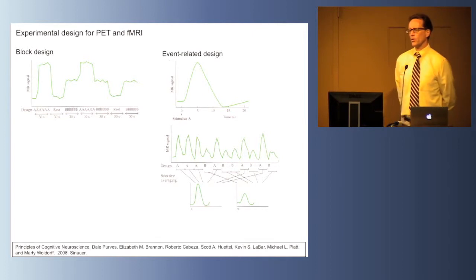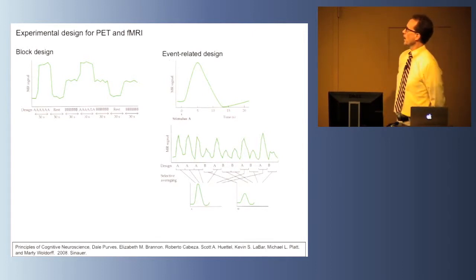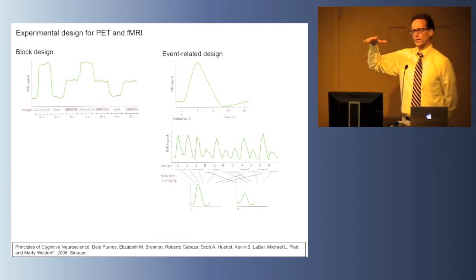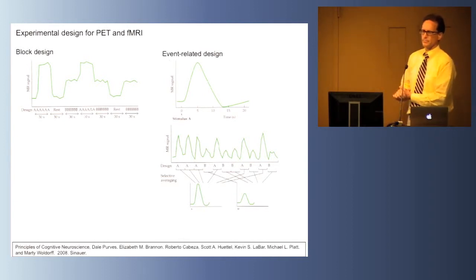So we can look at the bold activation as a function of time as they're doing these tasks. And then we could do a subtraction, for example, of the state of the brain, the amount of bold in the A task, subtract the B task, and what we're left with is the parts of the brain that were needed to do A, but not B and not rest, for example.